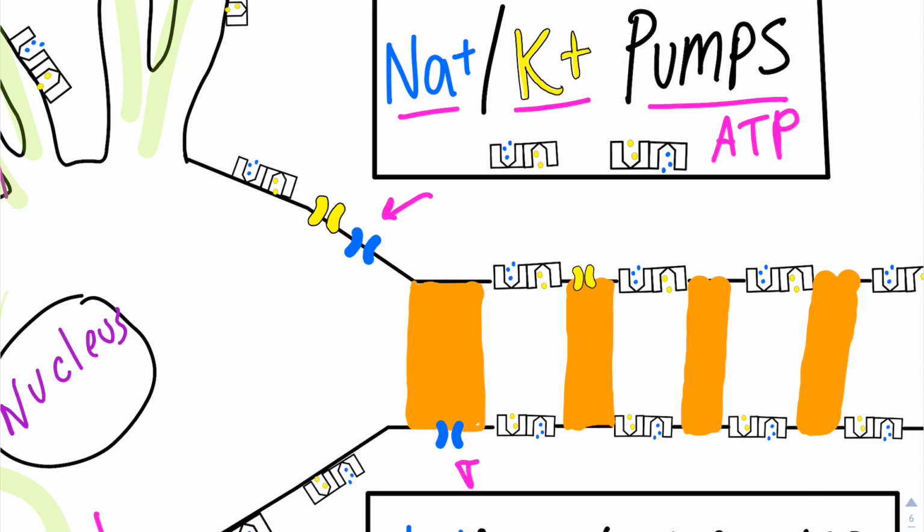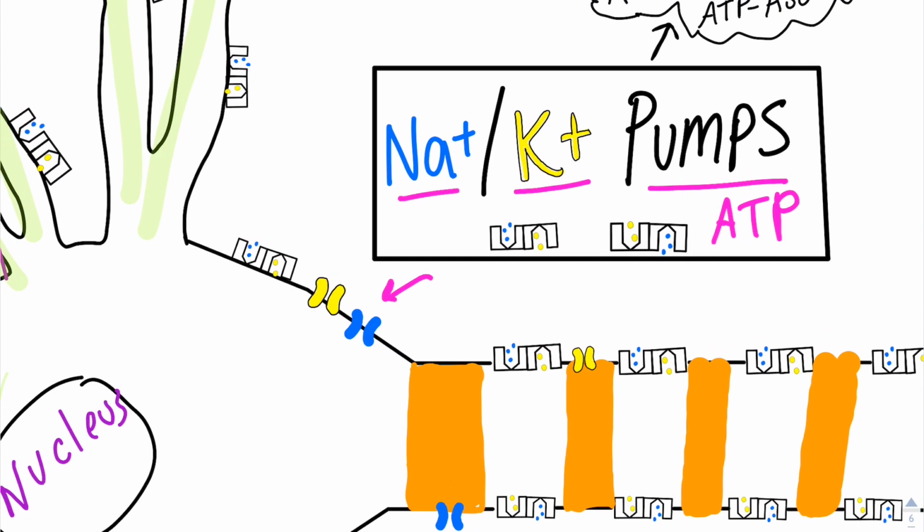And what they're trying to do by facilitated diffusion is whenever you have sodium out here, it's naturally trying to go down its concentration gradient through that channel. And then when you have your potassium inside, it's leaking out. We're going to say leaking out because these are leakage channels.